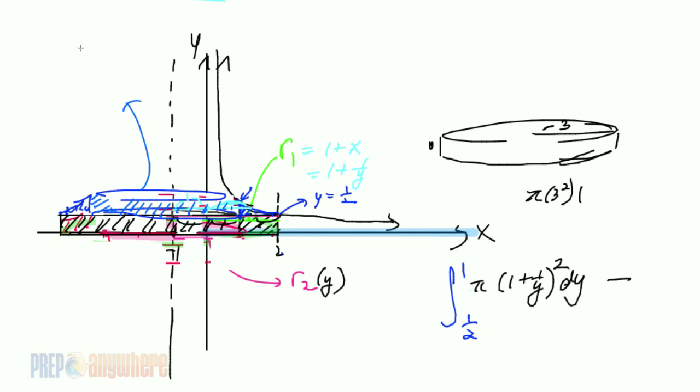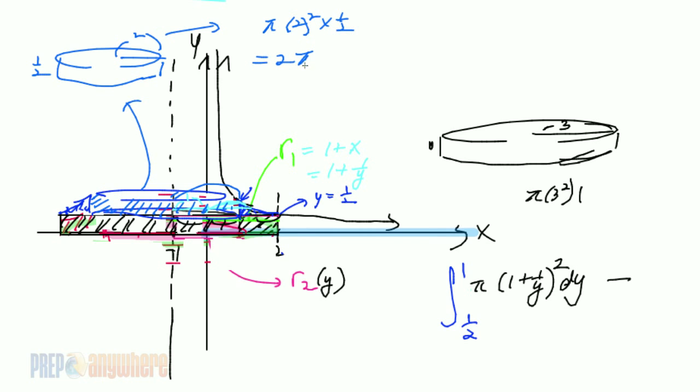That's just a cylinder with radius being exactly 2. From here all the way to there, the length is exactly 2. The height is half. So the volume of this is pi 2 squared times half, which is exactly 2 pi. So we just have to subtract 2 pi. And that's the top part of the volume.